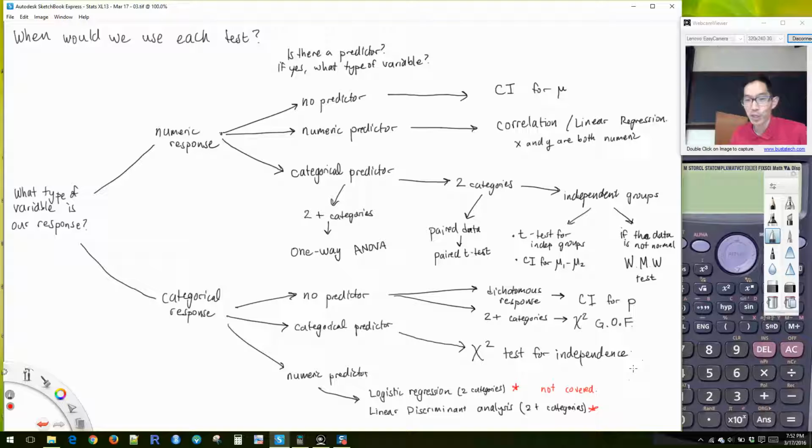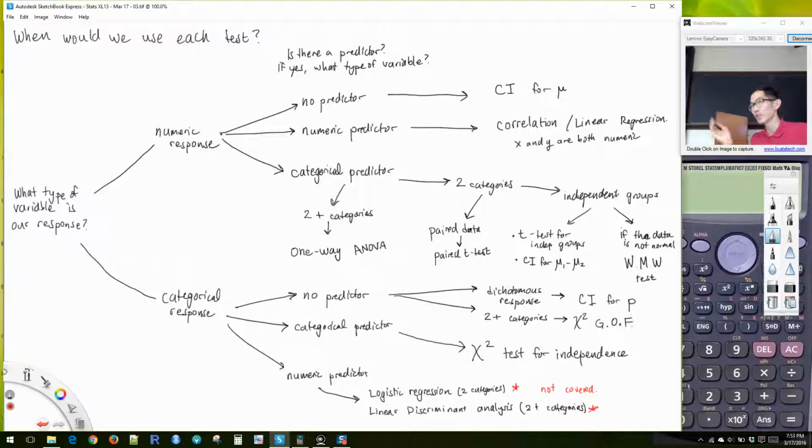So don't worry about those topics, but everything else we've covered, and this is just a small slice of statistical inference methods. You can go to an academic library and probably find a handbook on statistical tests, and there'll probably be hundreds in there, each with a scenario in which you should use it. These are the broad basic ones based on what kind of response and what kind of predictor you have.